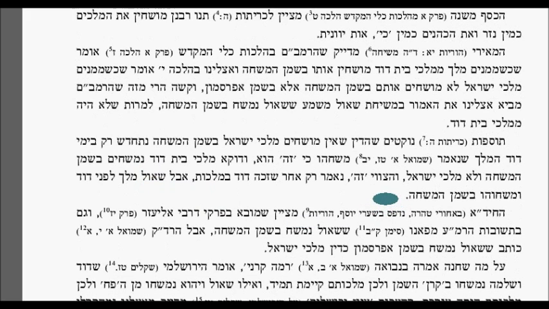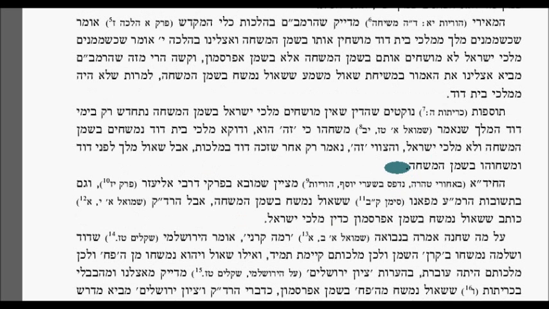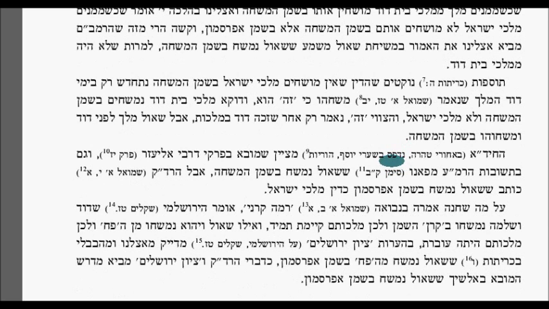I use Shemen HaMishcha, not the kings of Israel that came after them. And this is only after David merited the kingdom, but Shaul was before that, and therefore he might have been anointed with Shemen HaMishcha.